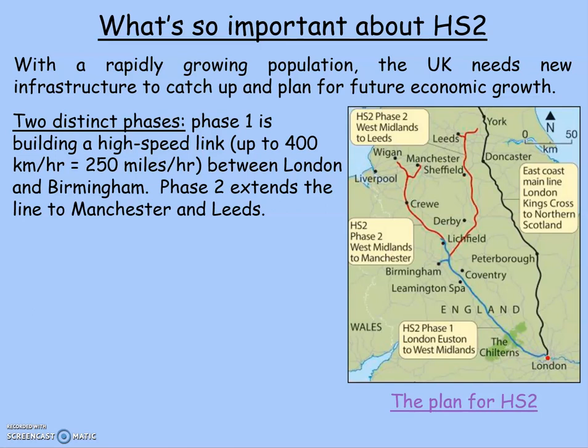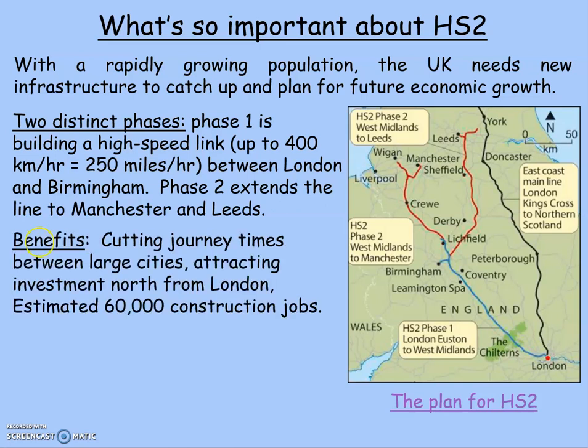If you think about a high-speed link, how fast are we going? These trains go really fast, as it says here. We talk about 250 miles per hour maximum speeds, so these are much faster than the trains we have at the moment. There are benefits such as cutting journey times between large cities.